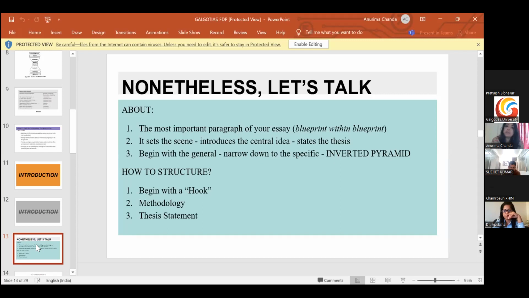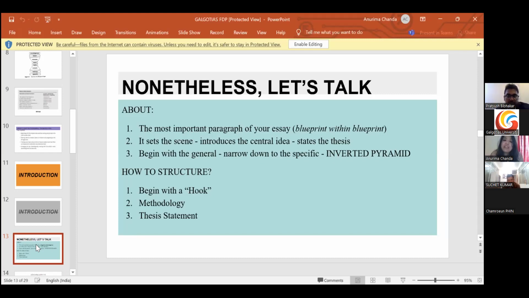After you're done writing your paper, when you go back to your introduction, it is a checklist for you to find out if you've done everything that you intended to do. So it's a very, very important paragraph. It is setting the scene, introducing the central idea, and stating your thesis.